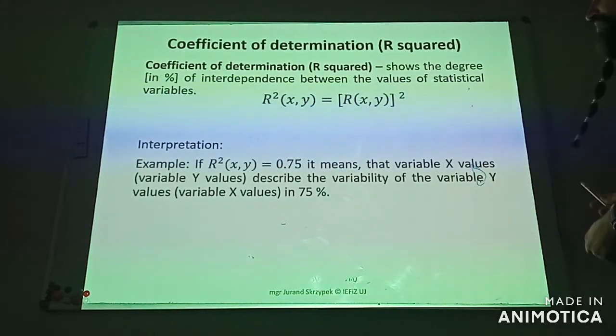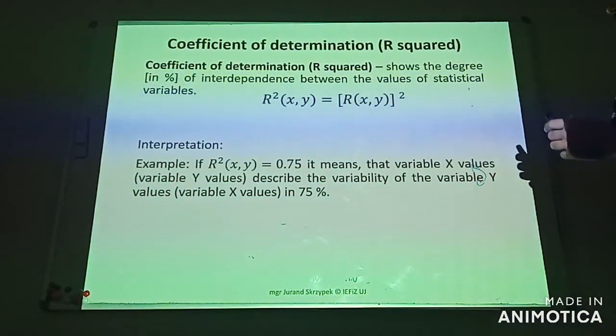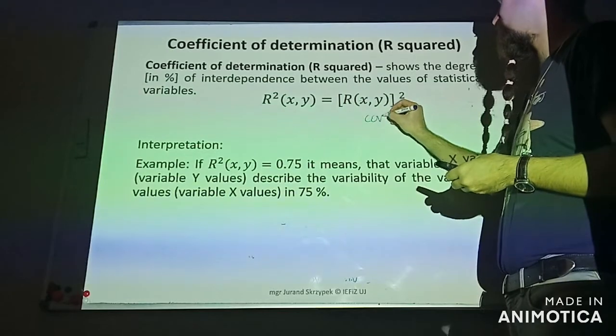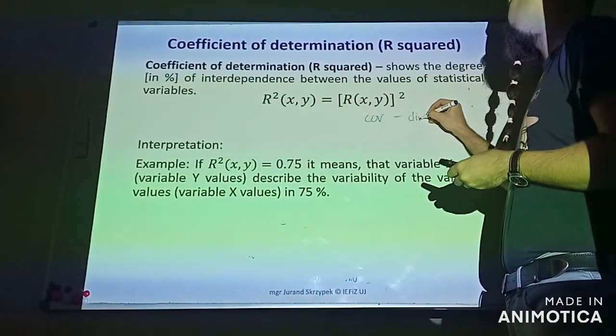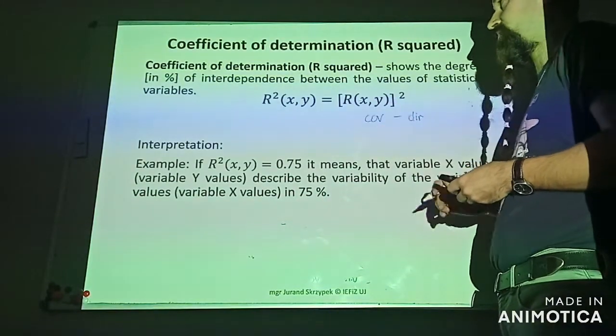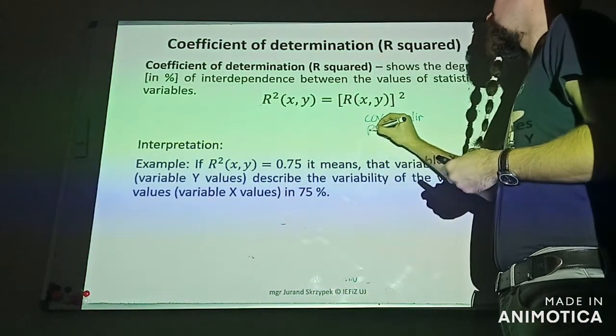And the last measure is the coefficient of determination, which is also called R squared. It shows the degree in percent of interdependence between the values of statistical variables. Remember, covariance indicates the direction of interdependence between the values of statistical variables.